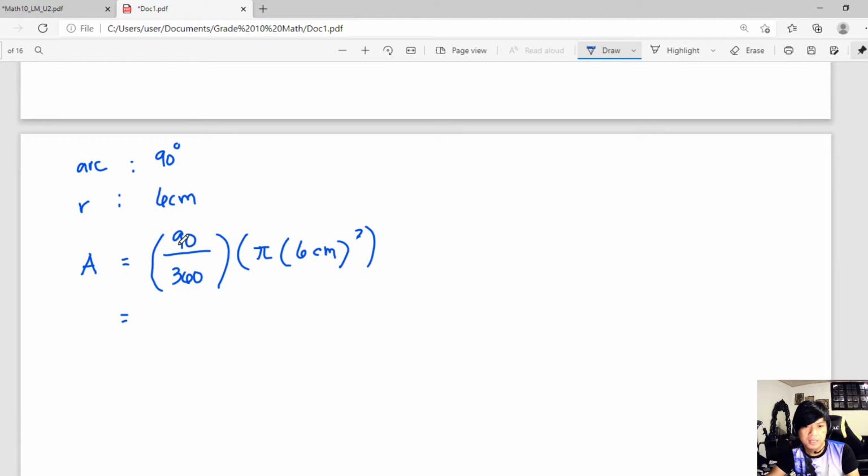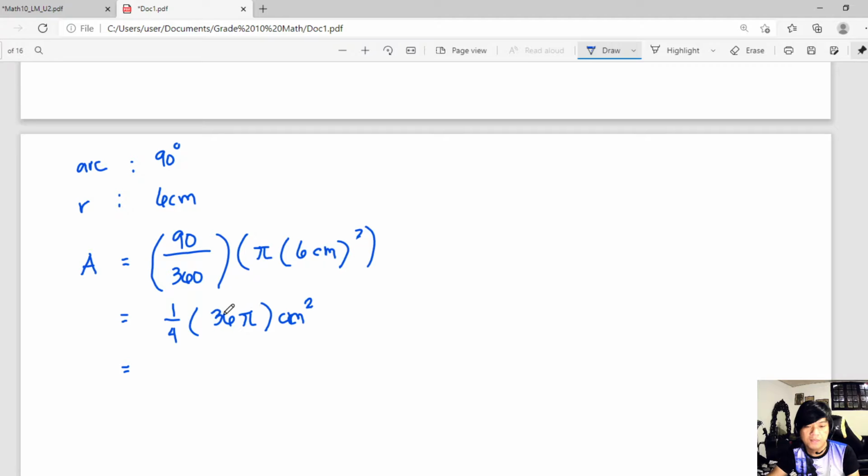So this one, 90 over 360, is also the lowest term is 1 over 4 times 6 squared is 36 pi centimeter squared.